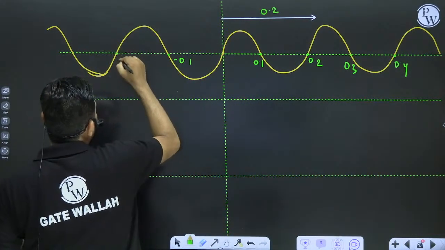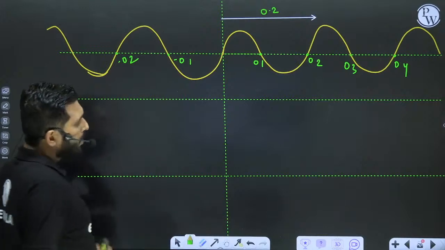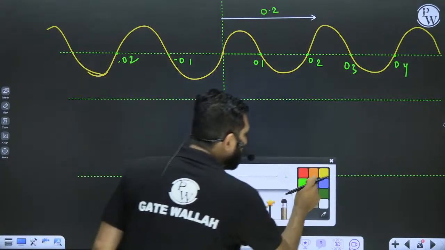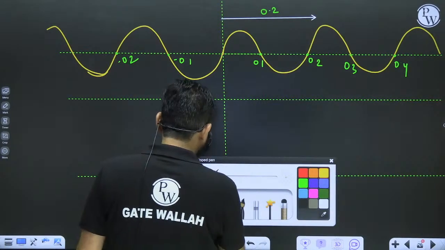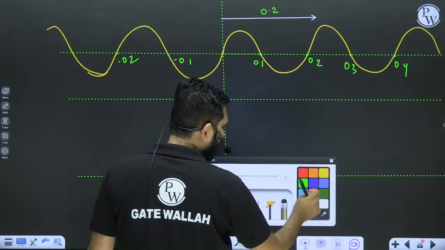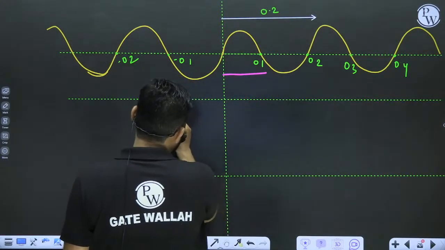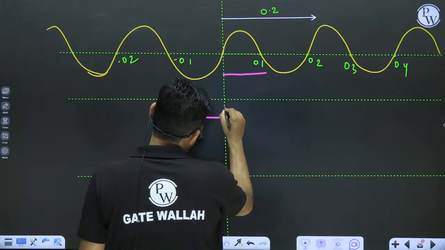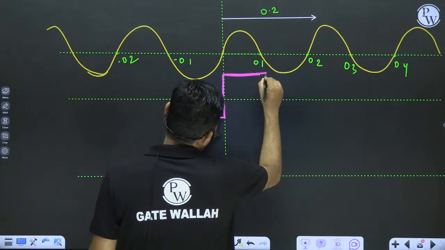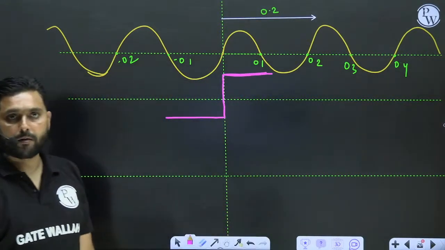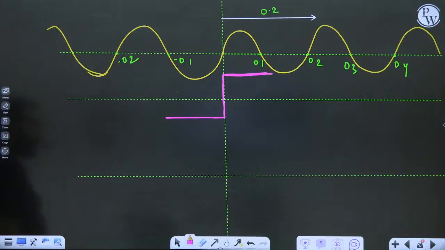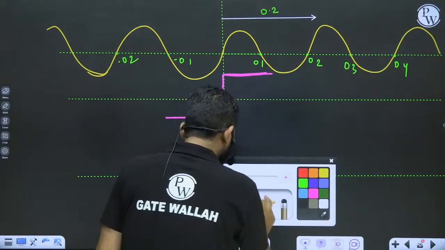This is minus 0.2. And now this is passed through this function. What you will get? See here.